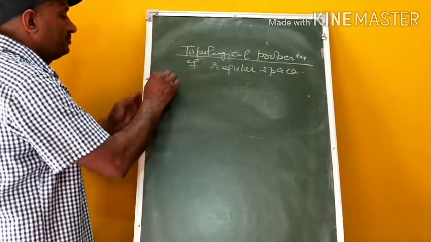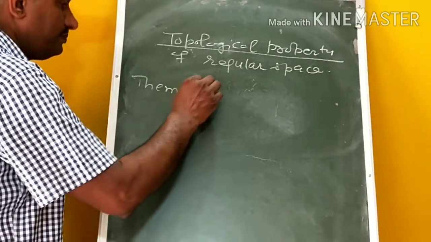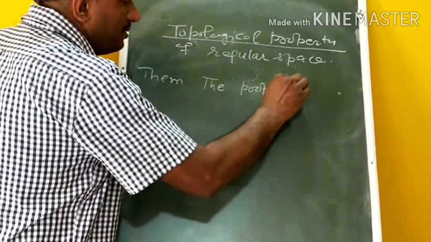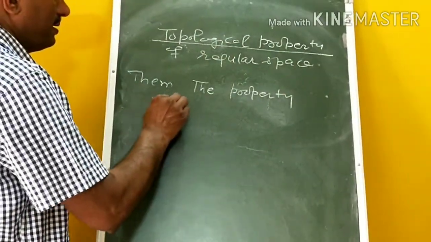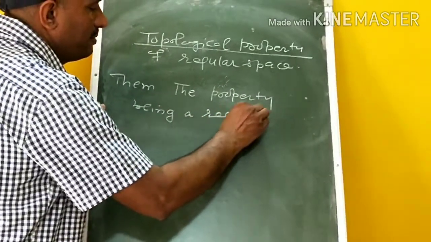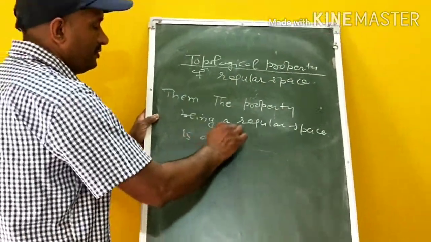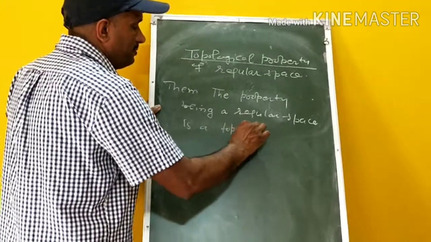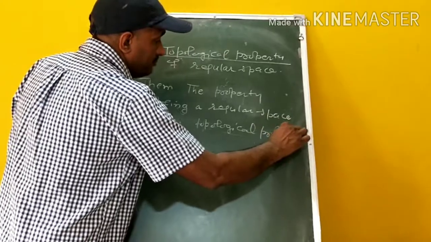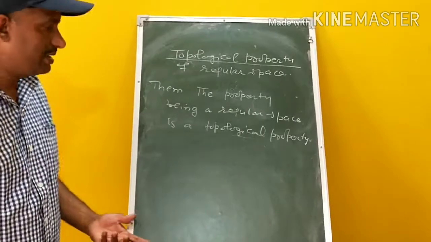Now, theorem: let the property of being a regular space be a topological property. So we can say homeomorphic image of a regular space is regular.